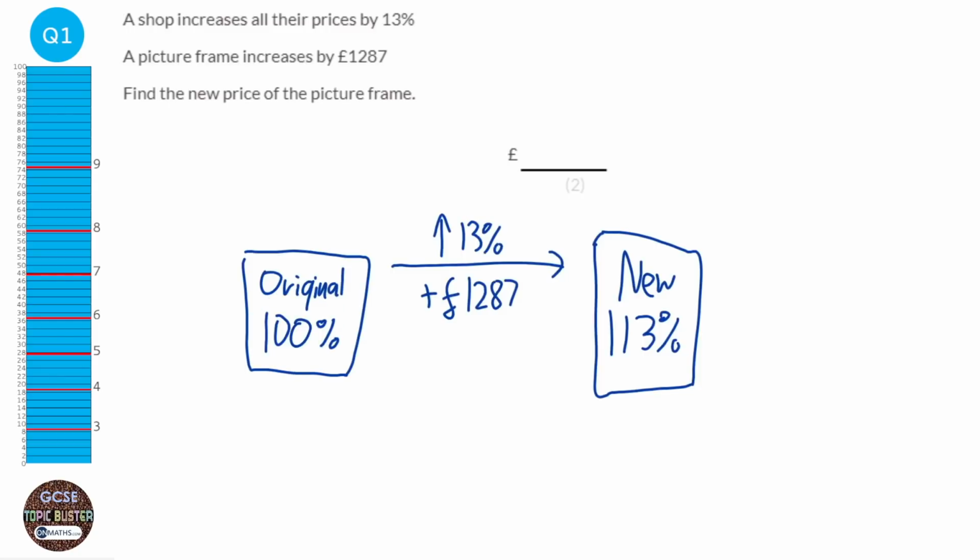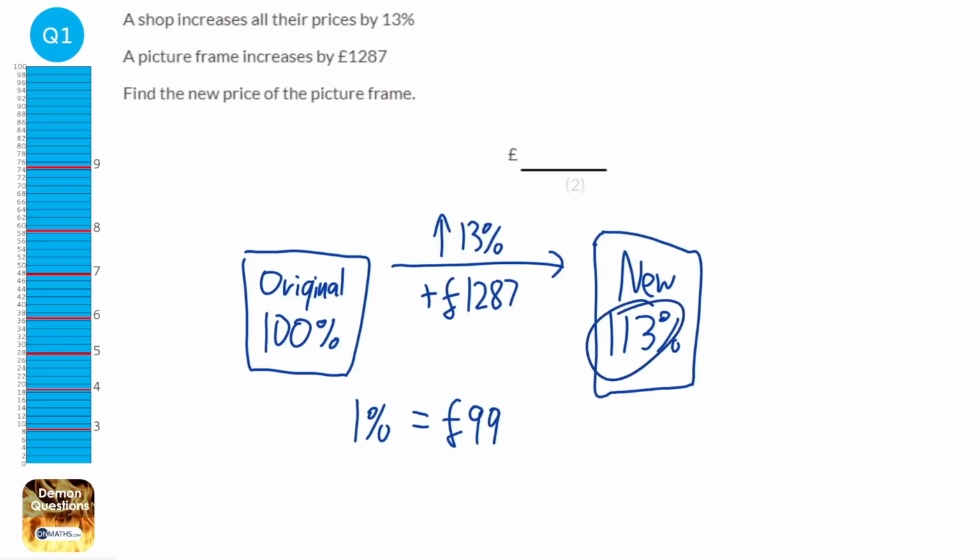So what we're going to do is work out what 1% of the price increase is. Instead of 13%, we're going to work out what 1% is, and we're going to do that by dividing the amount by 13. And we get 99. So 1% represents £99, so 1% of the original represents £99.